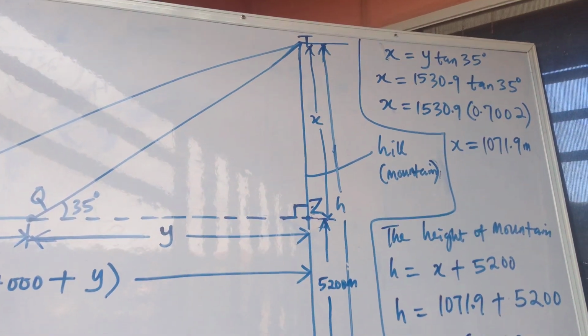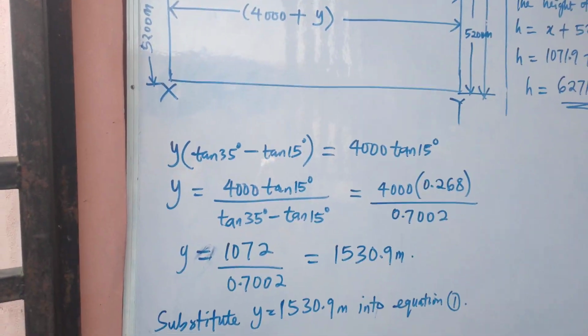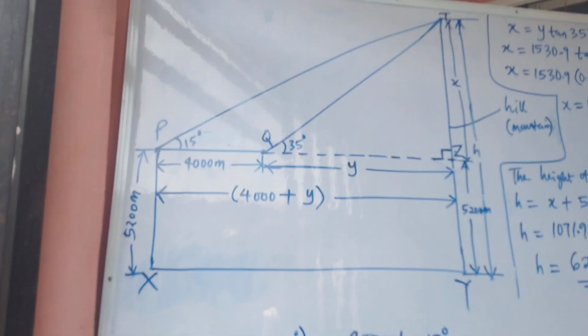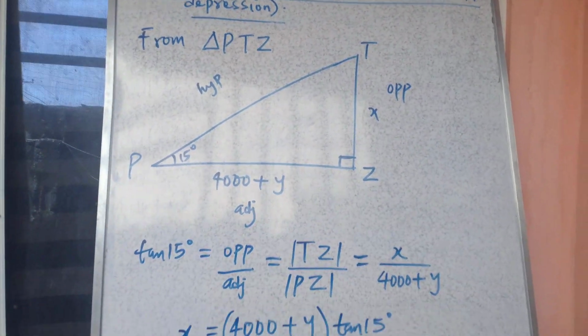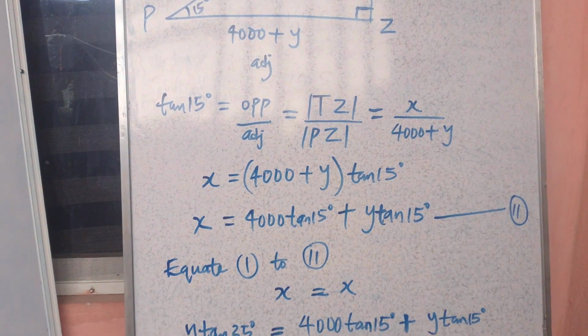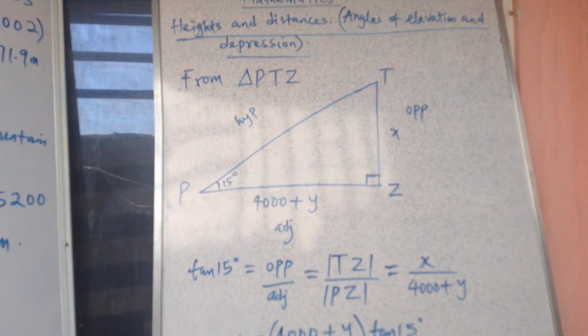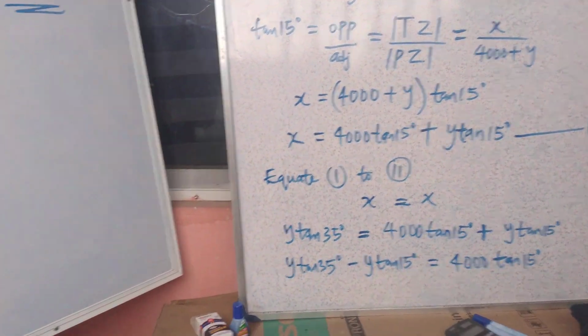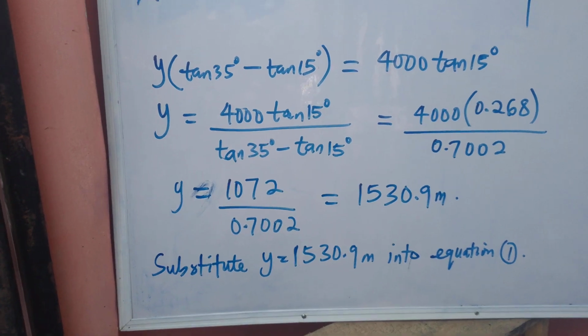Alright, so we'll stop there for now. We have derived what we want, the height of the mountain. This was all the solving that we did. We had to obtain the value of y.